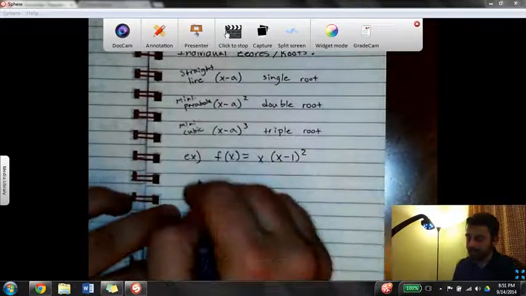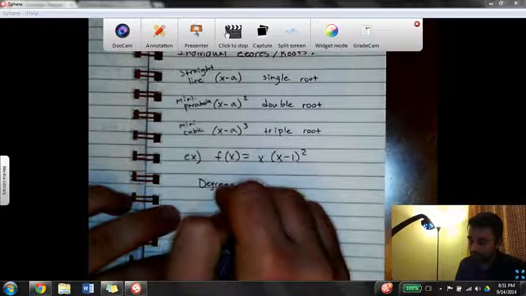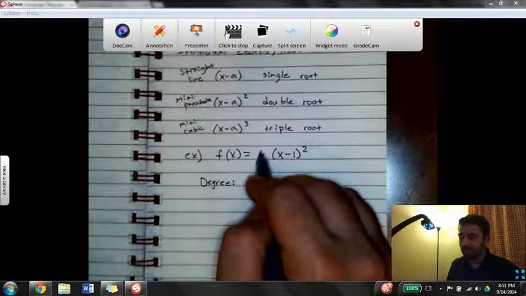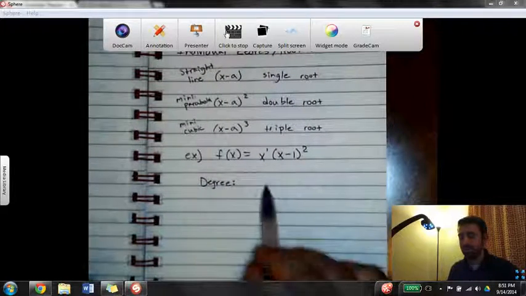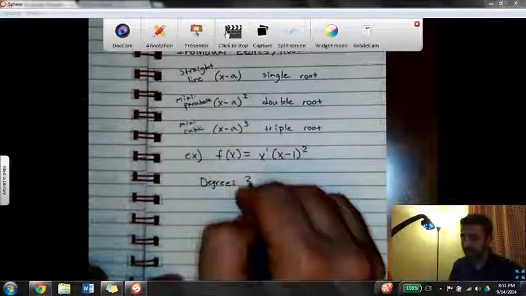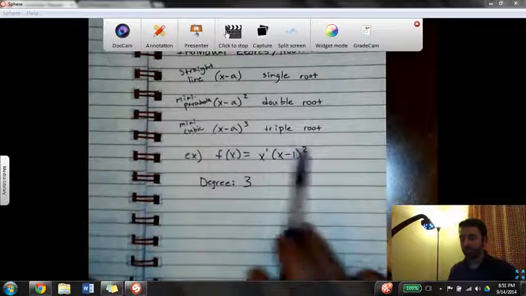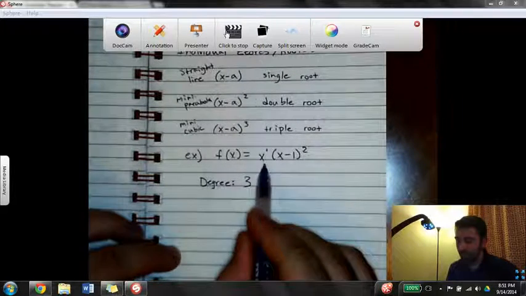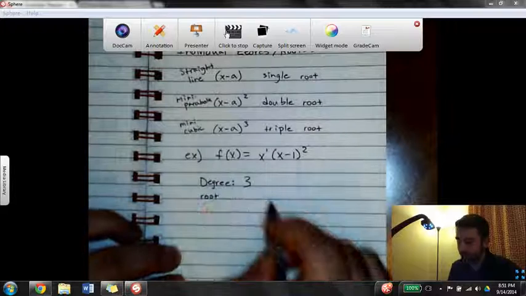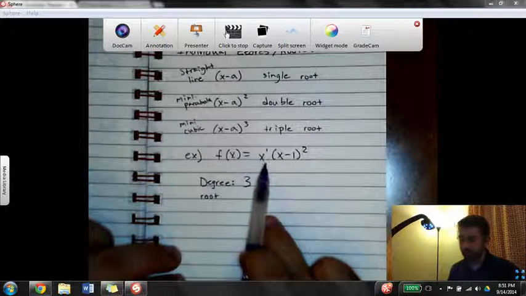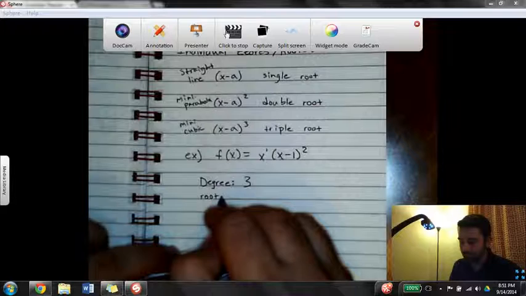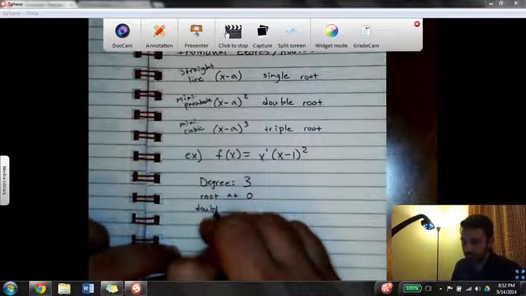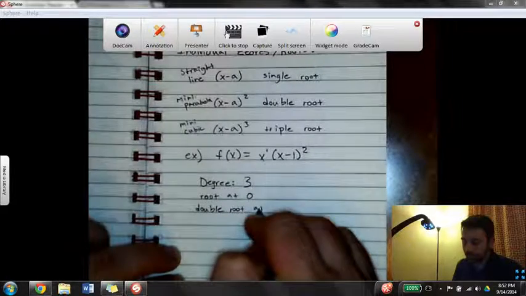We first say the degree of our polynomial is the sum of all the exponents, and so the exponent with our x is considered to be 1, and 1 plus 2 is 3, so we have a 3-degree polynomial with a single root at 0 and a double root at 1.